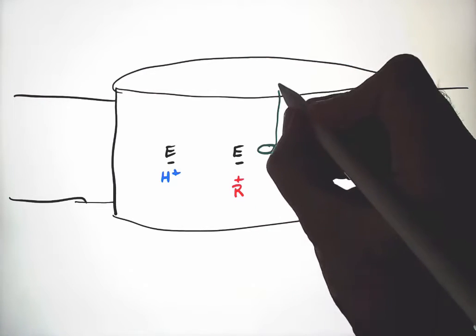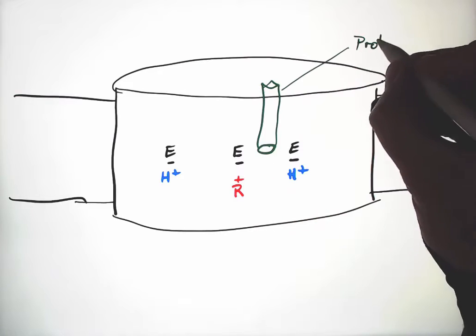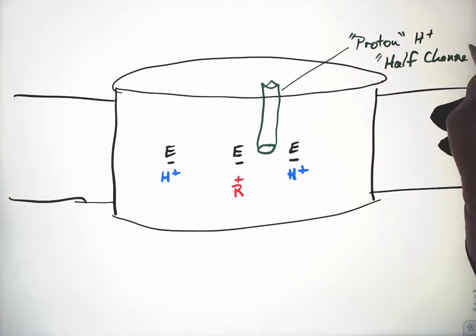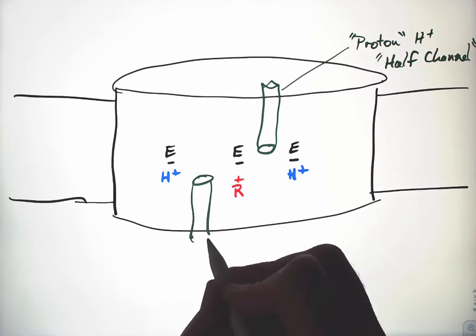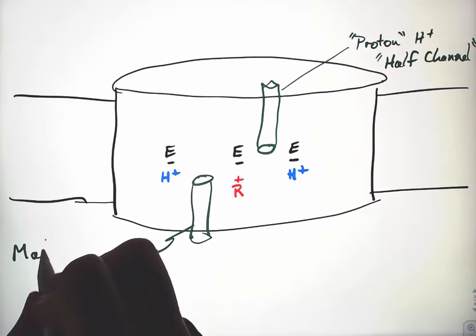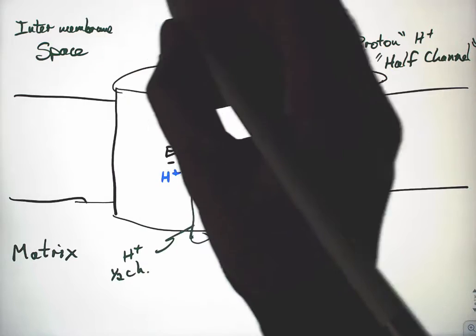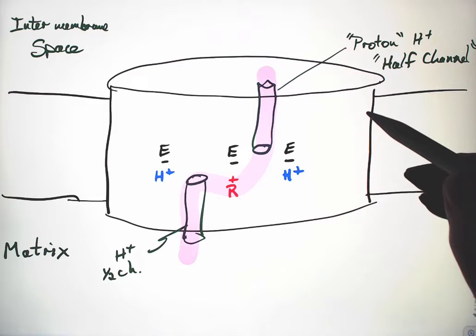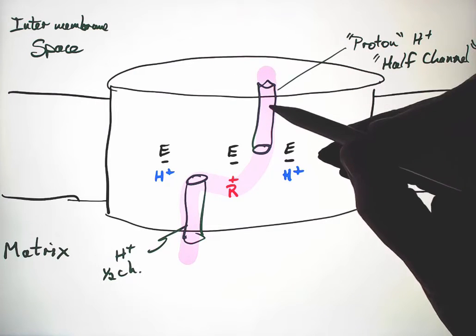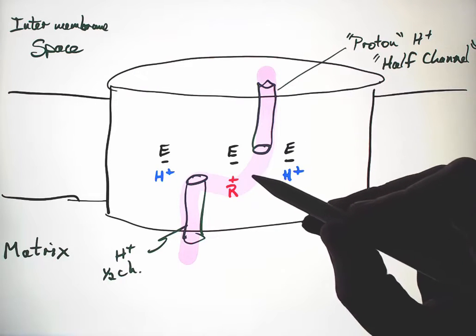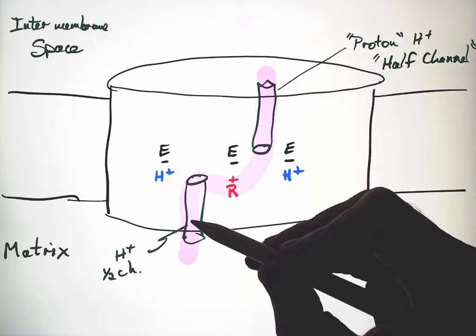On each side of the arginine, there's a proton half channel, and one side goes down to the matrix, and the other side goes up to the intermembrane space. There's 2 different parts to the quaternary structure of this protein. One is the cylinder, and the other is the proton half channel, the arginine, and the other proton half channel.